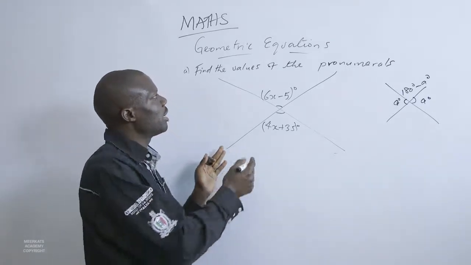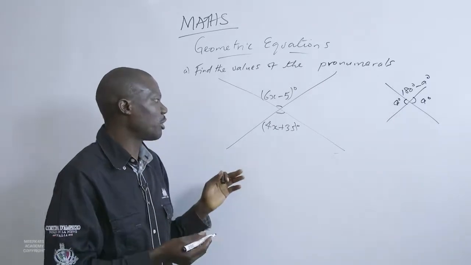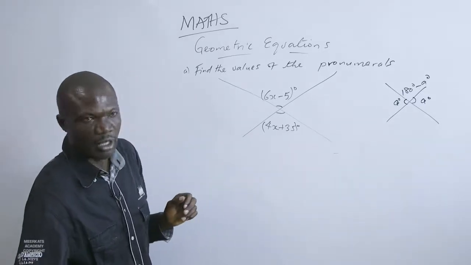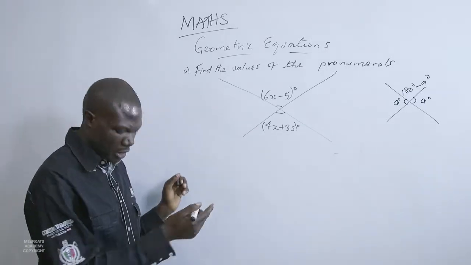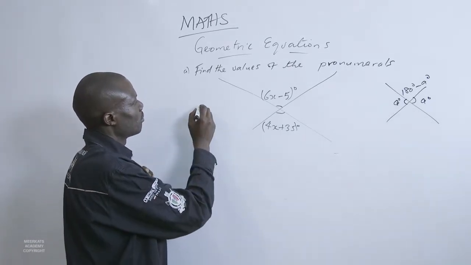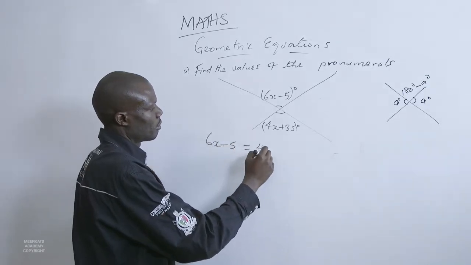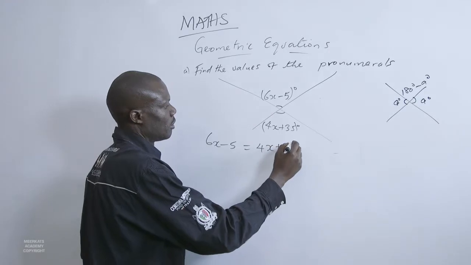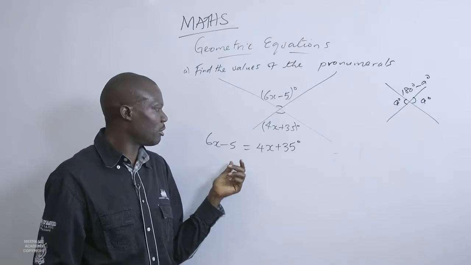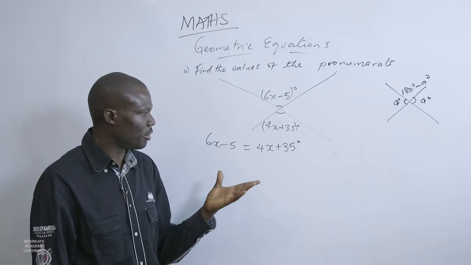So for us to find the value of the pronumeral, which is the value of x here, we write 6x minus 5 is equal to 4x plus 35.